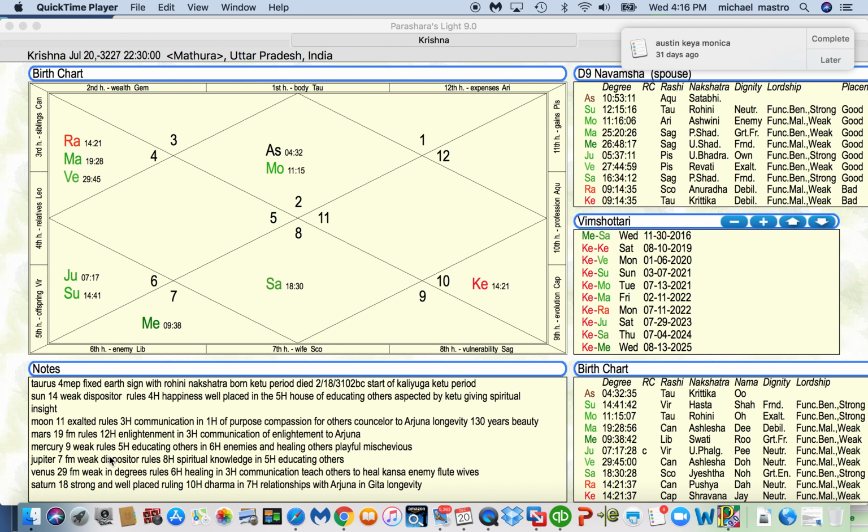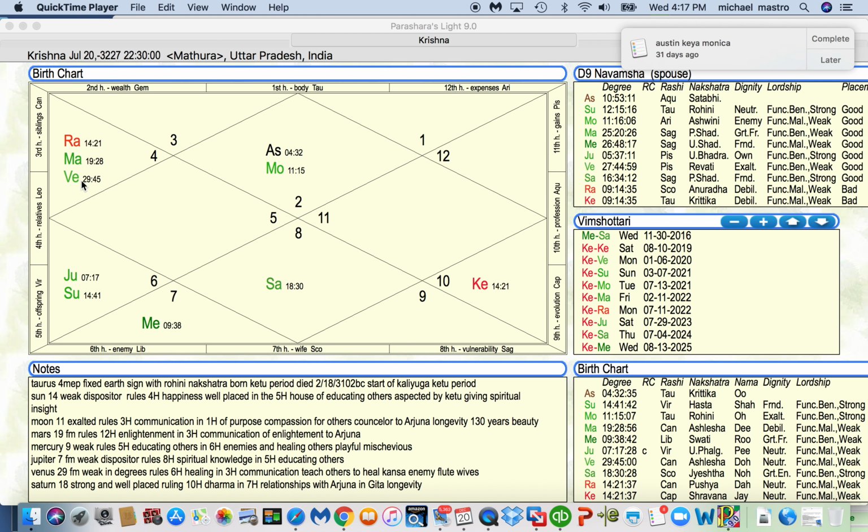So Venus is at 29 degrees, weak, and it is functional malefic as well, in this ruling this house of enemies and healing, and it is in this house of communication as well. So communicating.